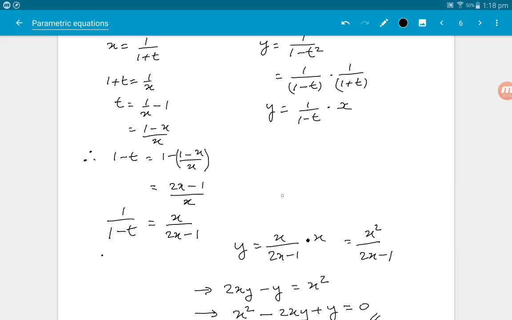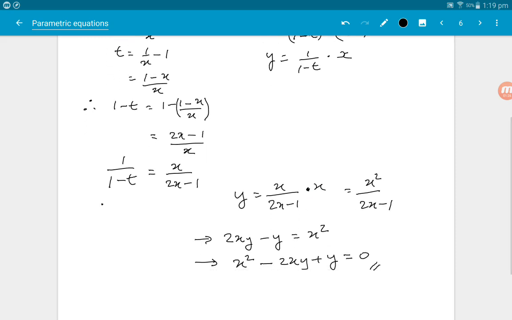So therefore I substitute that into this expression for y. So I get y equal x over 2x minus 1 times x, which is x squared over 2x minus 1. And then I just cross multiply and get my required Cartesian equation. I suppose any one of these three equations would have sufficed for an answer, since we weren't given a specific result to get.